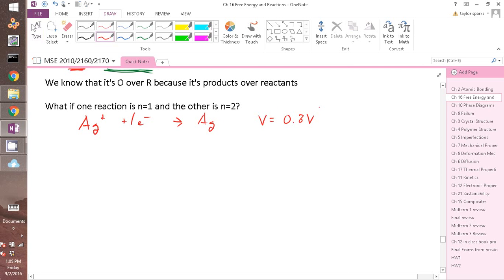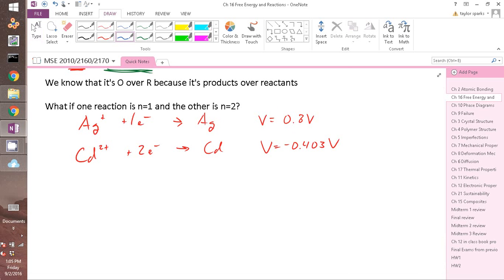Now you have another one, cadmium 2+. Cadmium 2+ can pick up 2 electrons to form cadmium metal, and the voltage associated with that is negative 0.403 volts. The one that's more negative is the one that won't be spontaneous, therefore we have to switch it. That's cadmium, so we switch it.